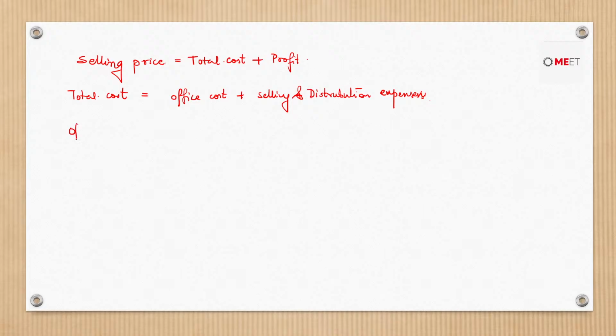Office cost is equal to factory cost plus administrative expenses.